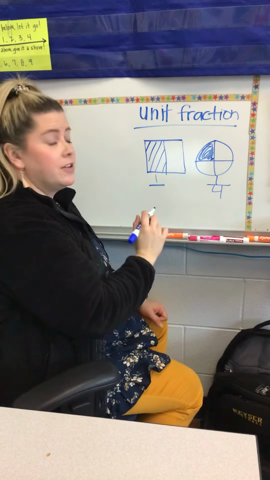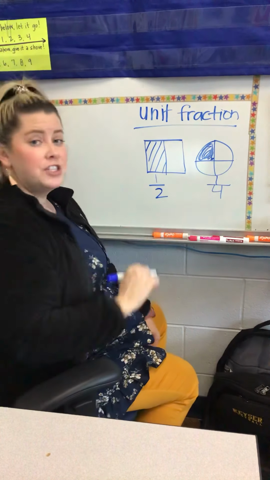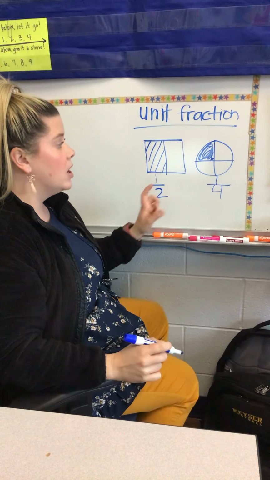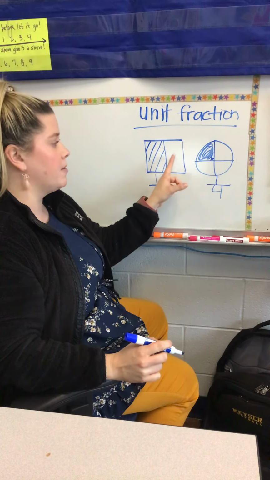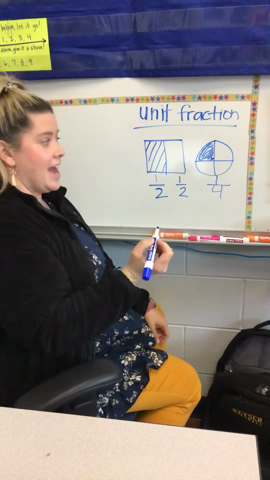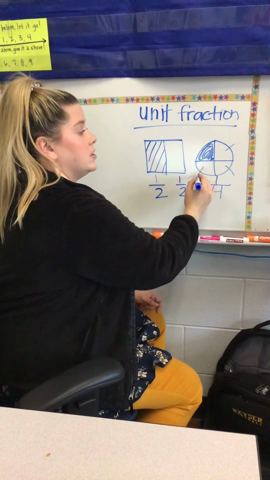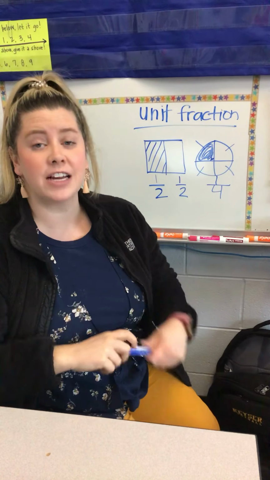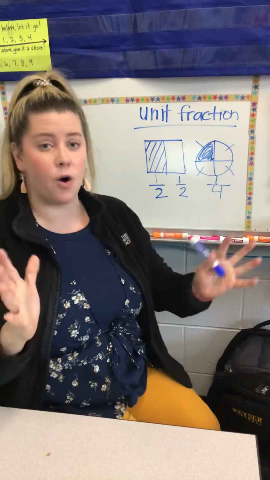And then how many parts are there total? 2. So my unit fraction for that square is 1/2. What would this fraction part represent? 1/2. Okay, just like each one of these would also be 1/4. So that's a unit fraction. It's one part of your whole.